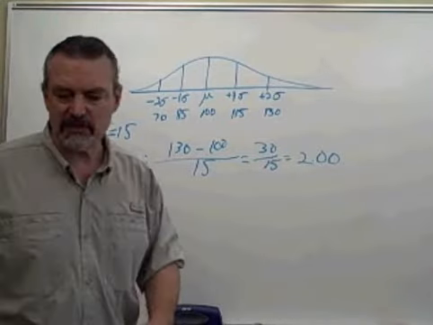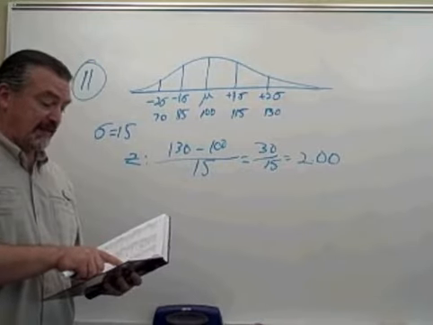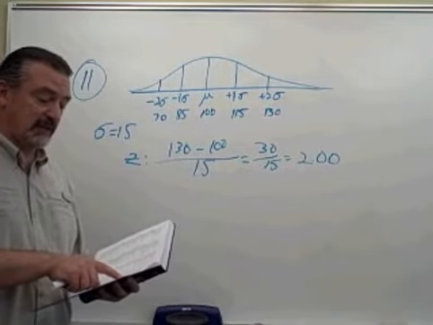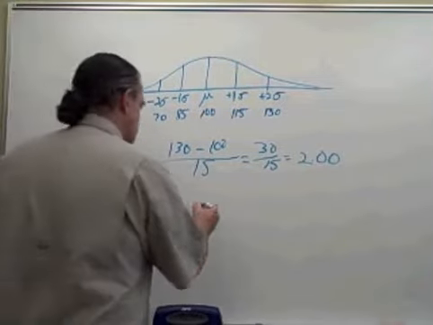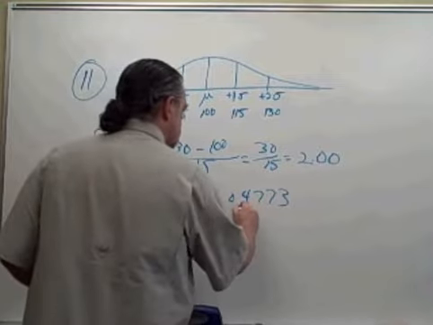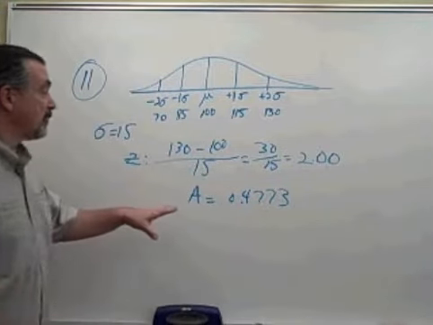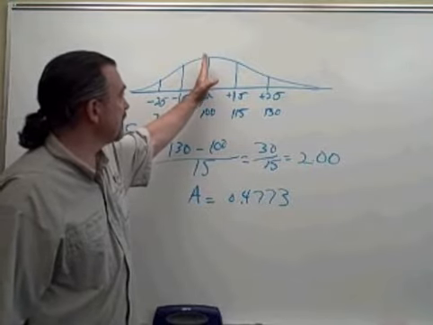So if we look that z-score up in the back of the book in our chart, we find that it says that's equivalent to an area of 0.4773. But remember, that area is always calculated from the mean.